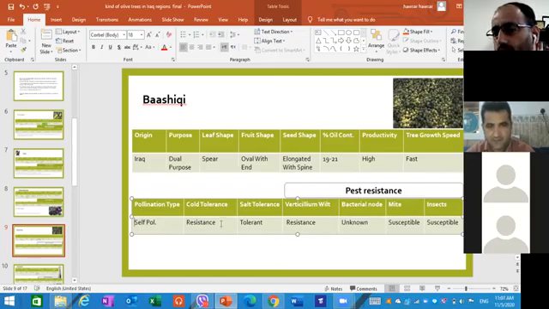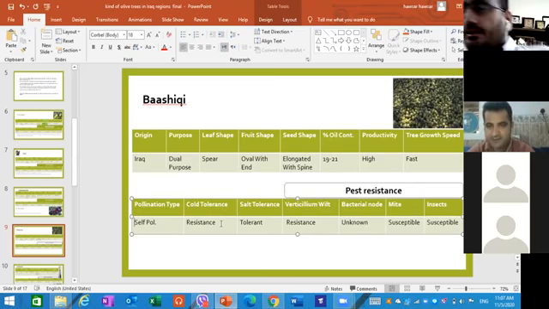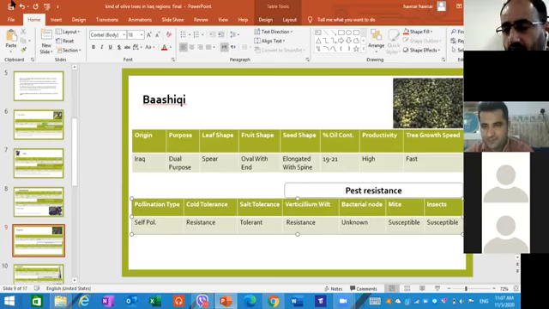Both cold tolerance and verticillium wilt are resistant, and about mite and insects it is susceptible.